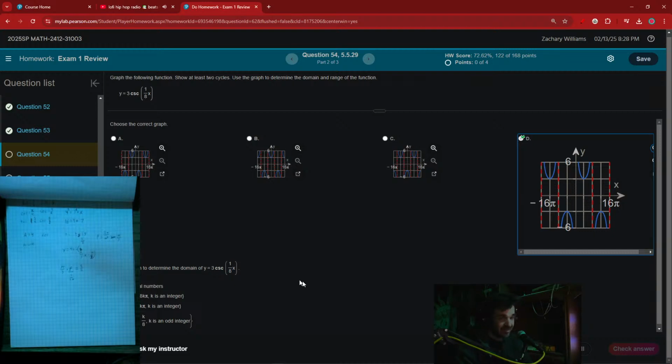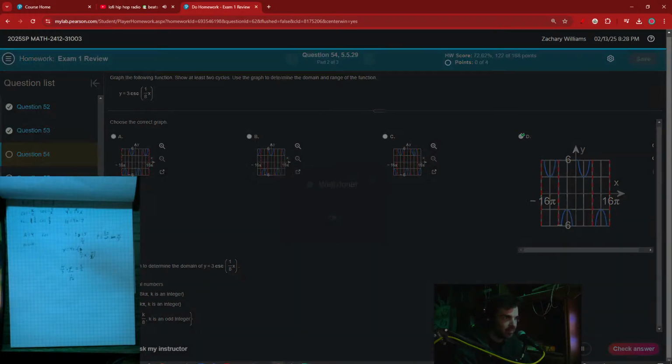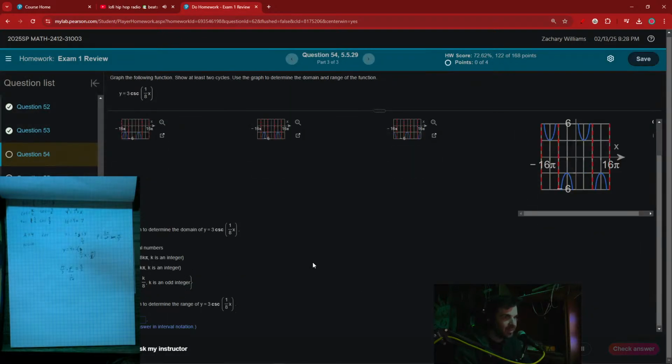I guess 0 is an integer. Yeah, so it's gotta be B, right? 0 is an integer. Good. It's not an odd integer, it's just an integer.